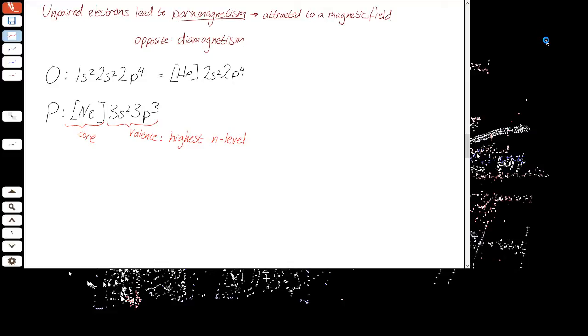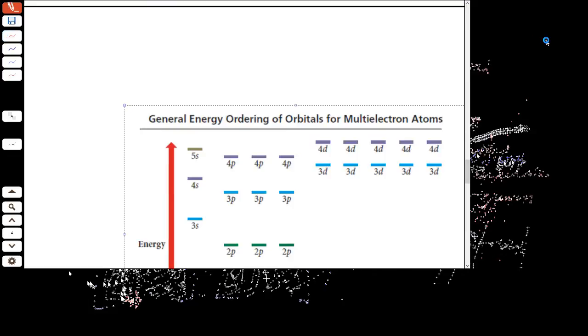All right, so let's look at some kind of unusual things that happen in electron configurations that we have to be aware of in order to write correct ones. So we'll get another energy diagram here.